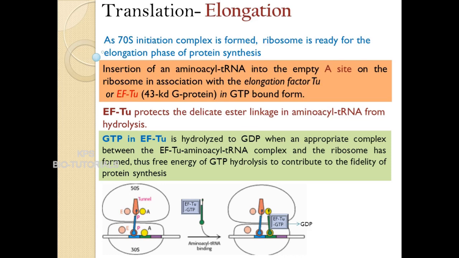So here you can see, after the initiation, the P site is occupied by the initiator tRNA and the initiator amino acid. The A site is empty. Now EF-Tu in the GTP form brings the amino acid tRNA, and this amino acid tRNA will bind at the A site, and if the anticodon-codon interaction is perfectly made, the GTP of EF-Tu is hydrolyzed into GDP.